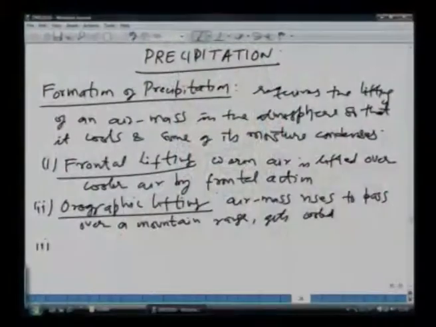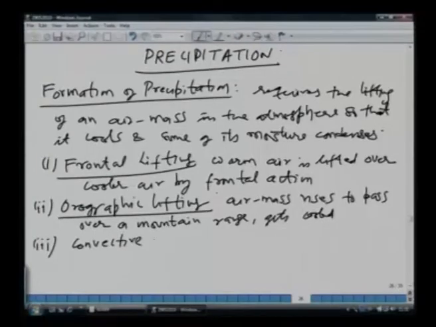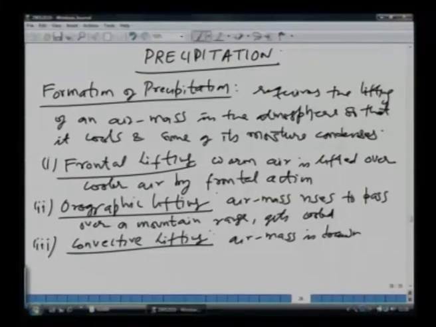Okay. The third one is what is called the convective lifting or convective precipitation. This is when the air mass is simply drawn upwards by convective action.